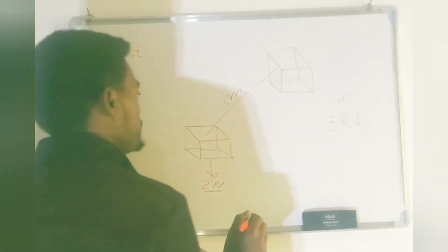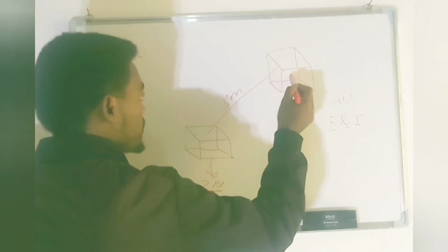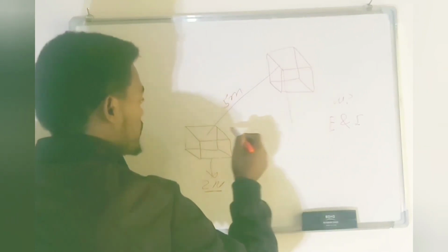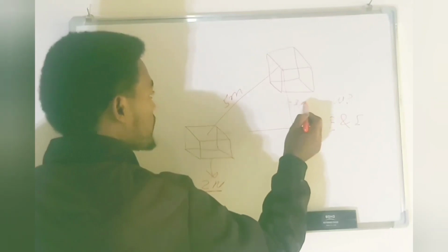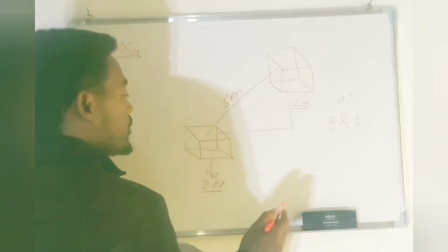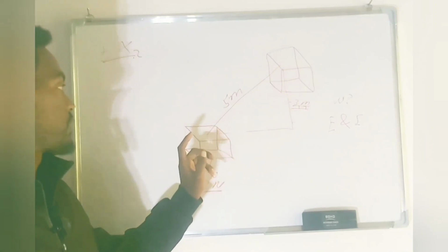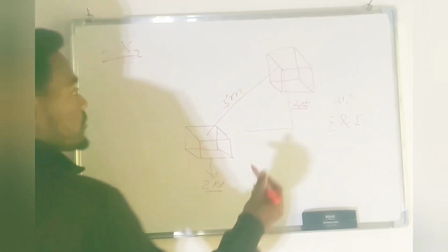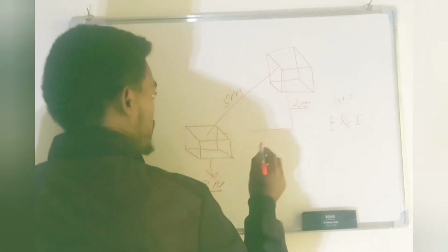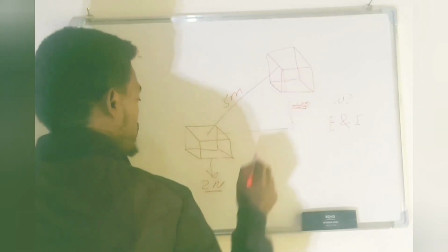Now, also this one is given, the vertical displacement is 3 meters. If this is not given, the angle should be given. Then by trigonometric relation, we can have the value of the vertical distance.